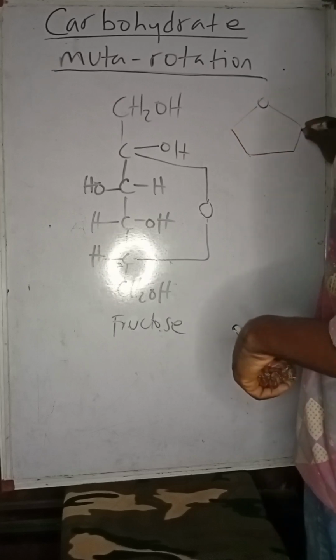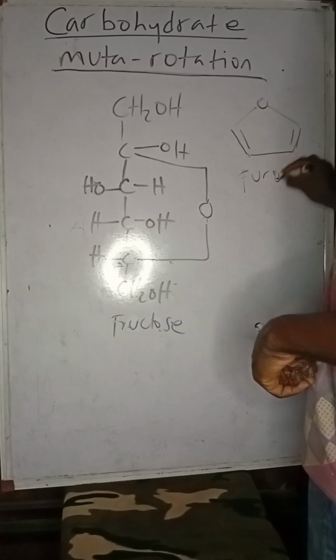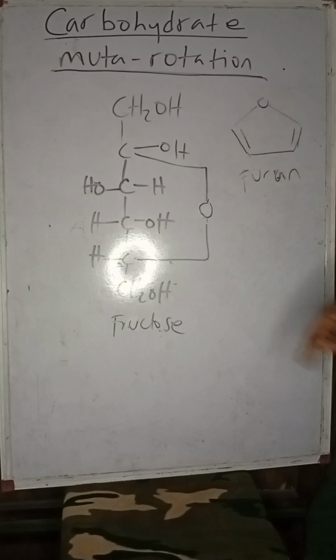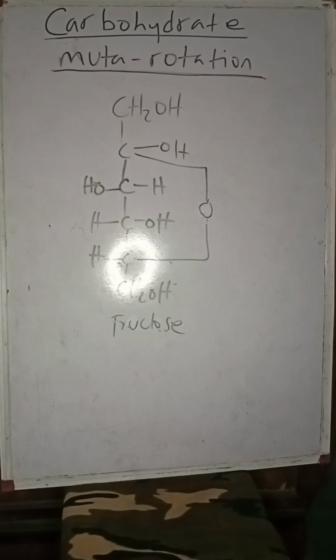This is furan. So the 5-member ring structure of a sugar is known as the furanose form because it resembles furan. It's known as the furanose form. So the furanose form of fructose will look like something in this manner.